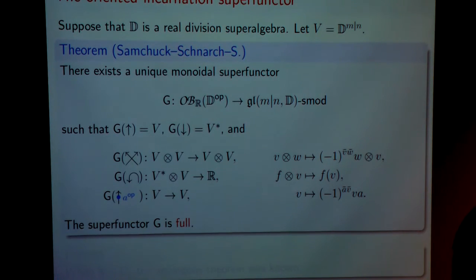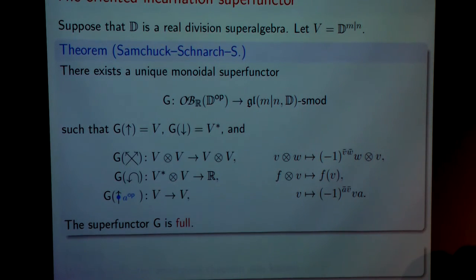There's a unique monoidal superfunctor from this modified oriented Brauer category to the category of supermodules over the general linear superalgebra with coefficients in that division superalgebra. You need to take actually the opposite here, and we'll see why in a second.